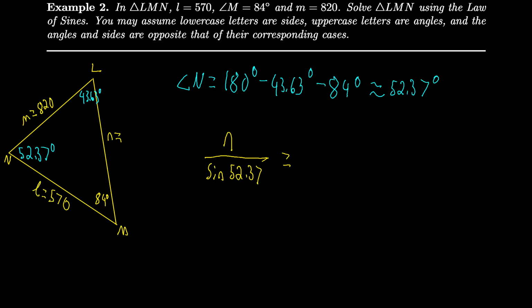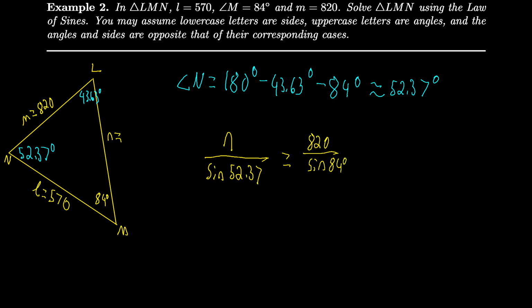So I'm going to use m again. I'm going to put little m up top, because we used the side over here over its sine. So the sine of big M, which was 84 degrees. We knew what m was, it's 820, so let's plug that in. So it's 820 over the sine of 84 degrees.